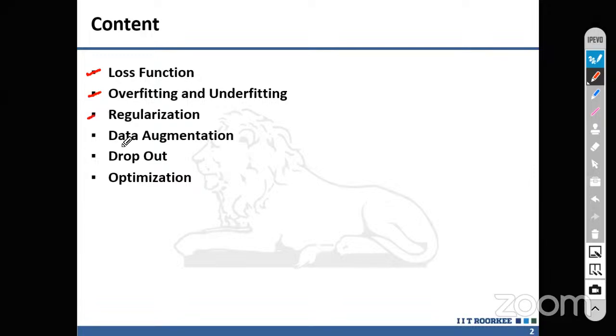These regularizations, optimizations, all actually help you to get results faster and better. And for that, we will also discuss data augmentations and dropout optimizations. Okay, so these are the topics we are going to cover today.